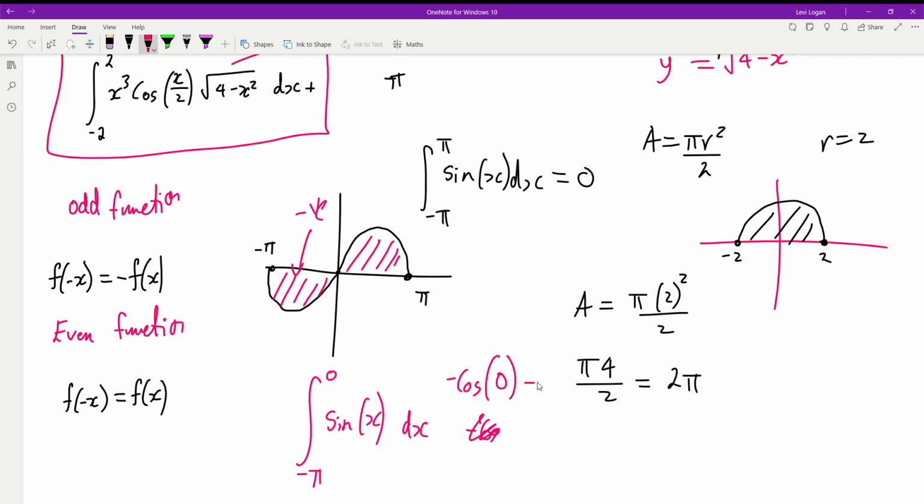If you put in 0, minus cos of negative pi, which is negative 1, so you'll have negative 1, because cos of 0 is 1, so negative 1 minus negative 1... the whole area here would be negative 2. And if you were to do the same thing here from 0 to pi, you would get 2. And when you add those two together, they cancel out.